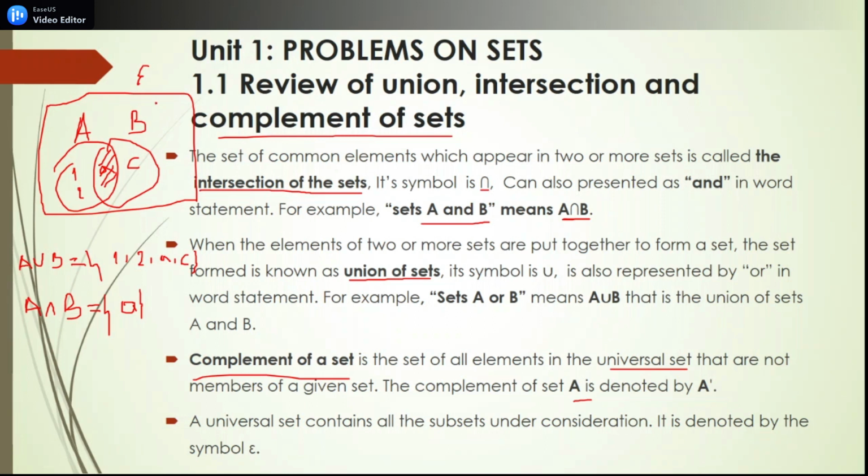Here you can have another element which is outside of A and B. The universe combines the elements of A and B and other elements outside of those. So a universe set contains all the subsets under consideration. It is denoted by this symbol.